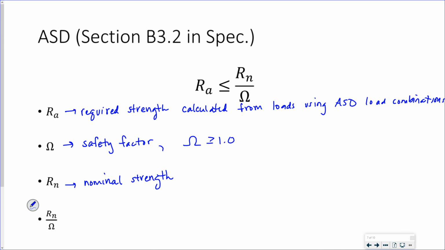We're reducing it by dividing by a safety factor. And this becomes our allowable strength. We divide our nominal strength by a safety factor, and that's how much strength we're allowed to account for. And again, you want your allowable strength to be greater than your required strength.